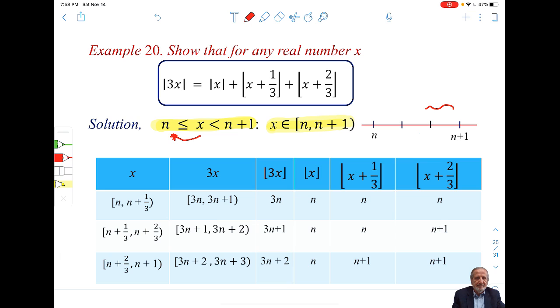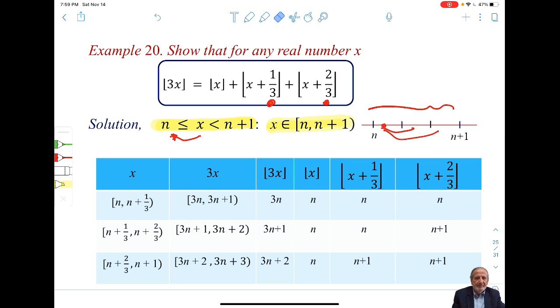So now I know x is going to be here between n and n plus 1. Now the problem here is sometimes I'm adding 1/3, sometimes I'm adding 2/3 to the floor function. So it depends. If my x is here and you add 1/3 or 2/3, you are still in this interval where the floor function will be n.